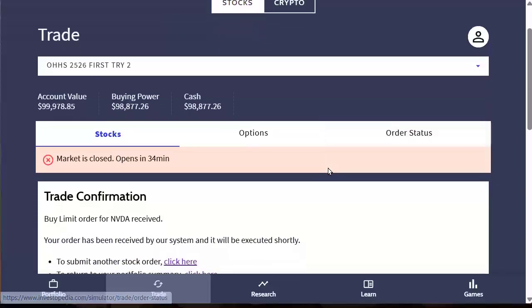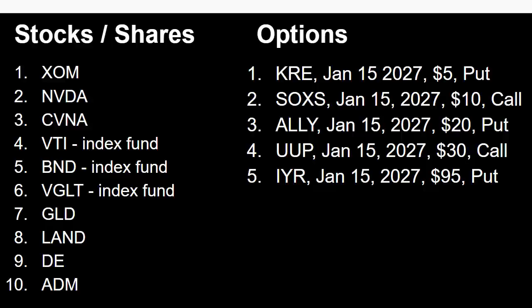All right. Now let's look at options. You might have more stocks that you're asked to add to that, and let's take a look at some that would be good. So for my class, these are the ones that we are looking at right now. Again, it's early November of 2025.